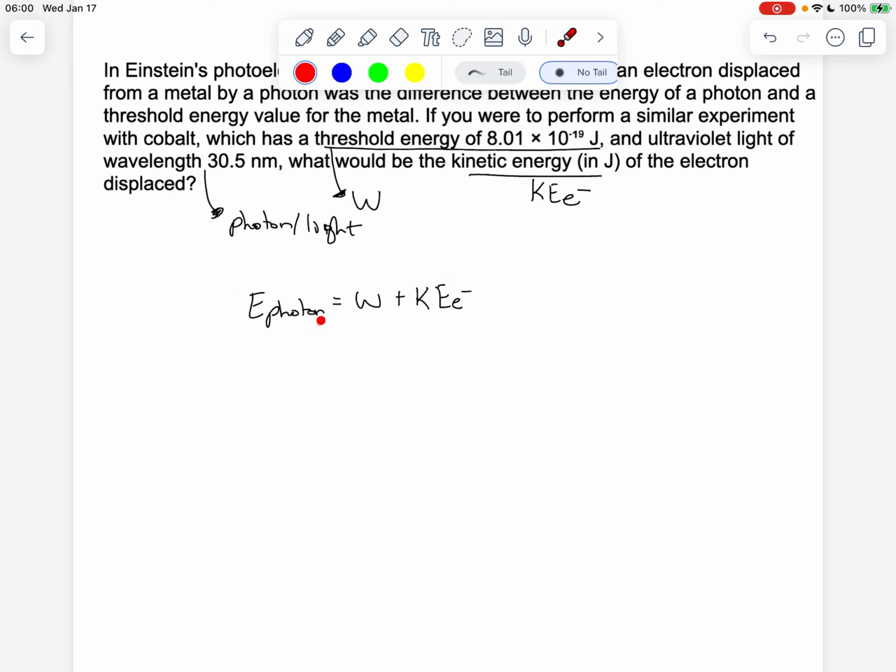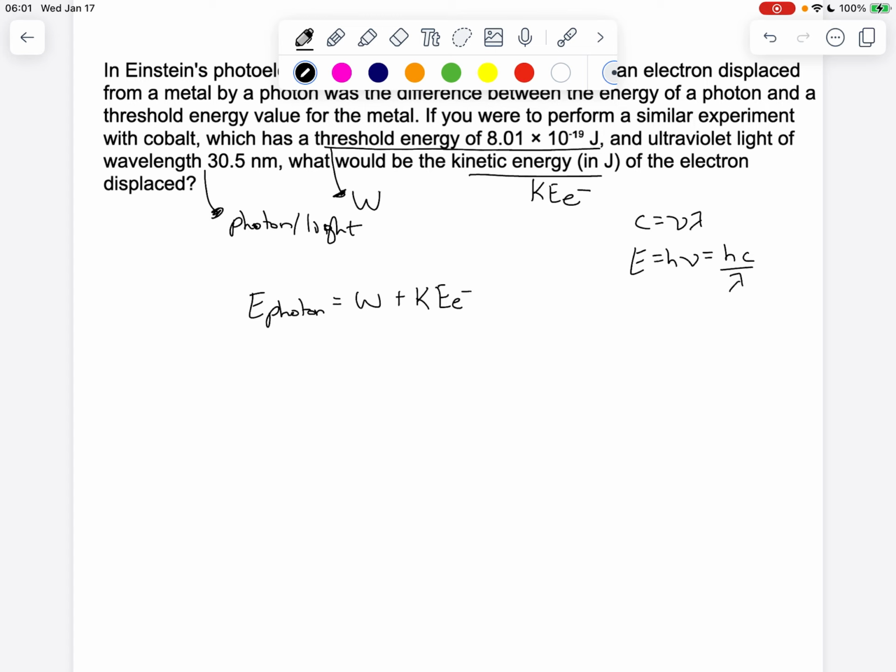Energy of the photon we weren't given, but in all of these problems, you always have to have ready to go the relationships for light on its own. C is nu lambda, and E is h nu is hc over lambda.